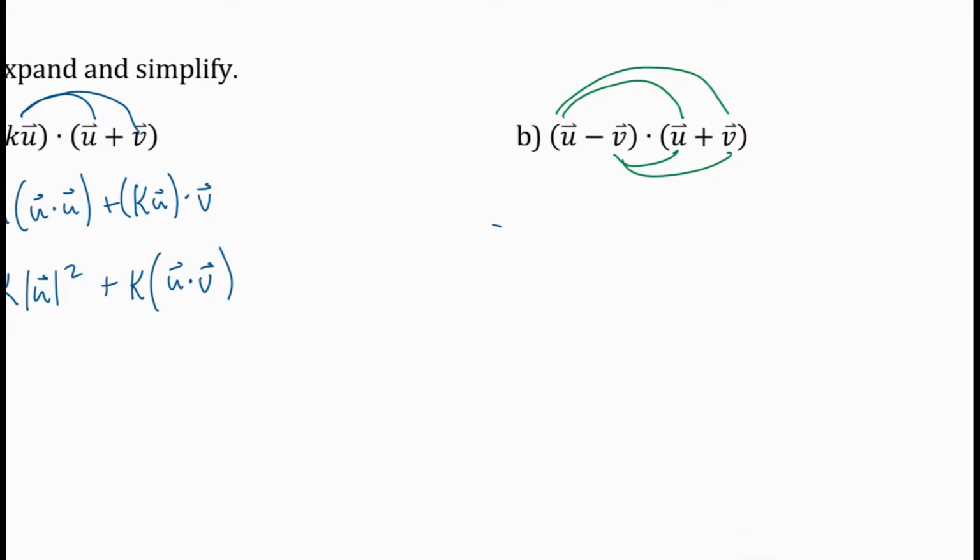So this is equal to U dot U plus U dot V minus V dot U, but we already said that they're commutative, so U dot V and V dot U are the same, minus V dot V. So these add to 0, and this ends up being the magnitude of U squared minus the magnitude of V squared.